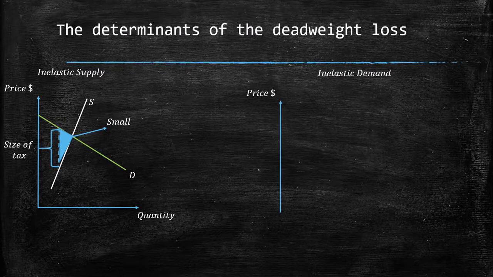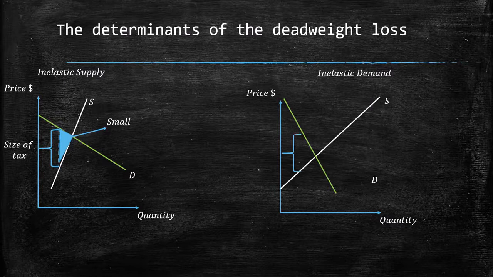And here we have the other side, inelastic demand. Remember, inelastic demand is another analogous case to inelastic supply. We see how changes in price lead to a much smaller response from the quantity side.